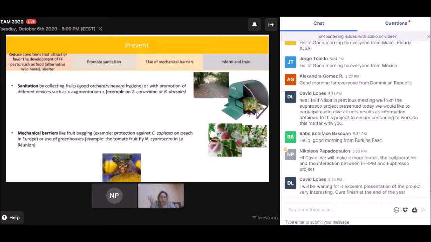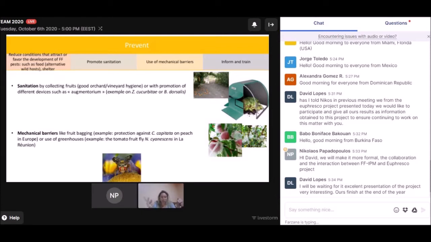Collecting fruits is the first step everywhere in the world to reduce the population on the spot from increasing. So in the orchard, vineyard hygiene, by collecting the fruit or promoting different devices, has been done. Whether you collect by hand or completely destroy everything, in some countries like Hawaii, on Green Island, and many countries use this kind of device, named an augmentorium.